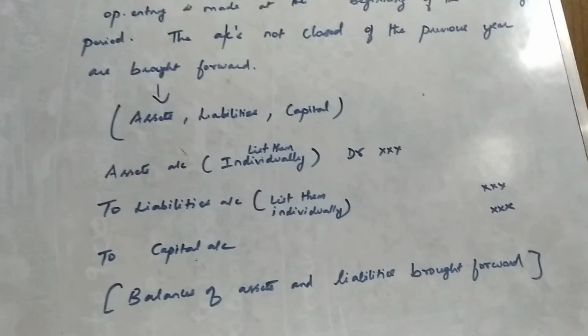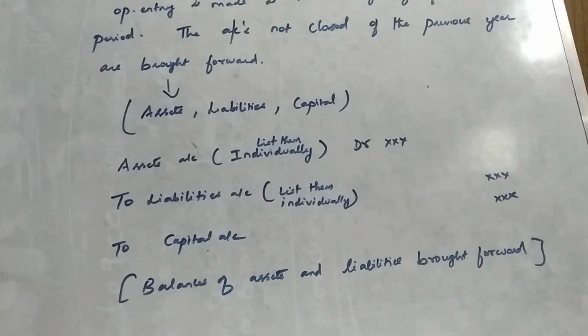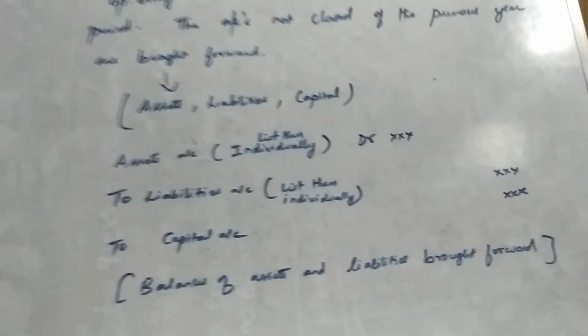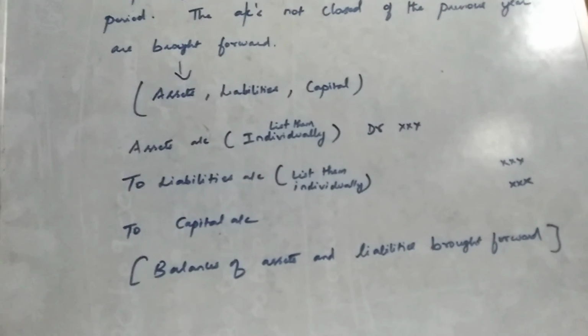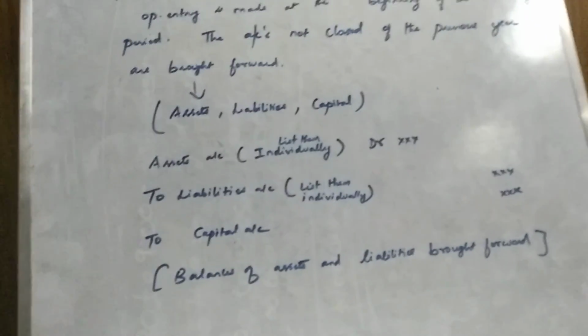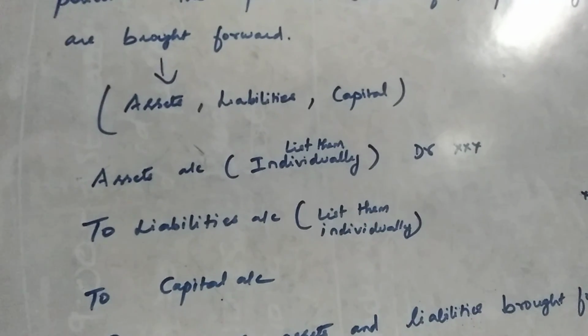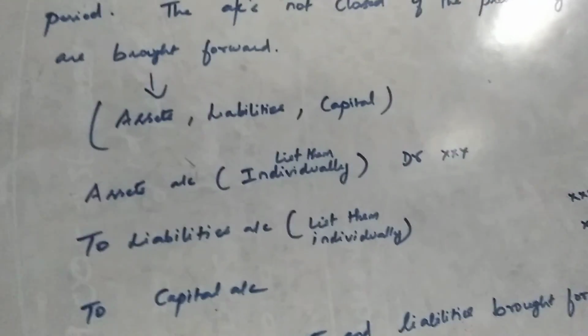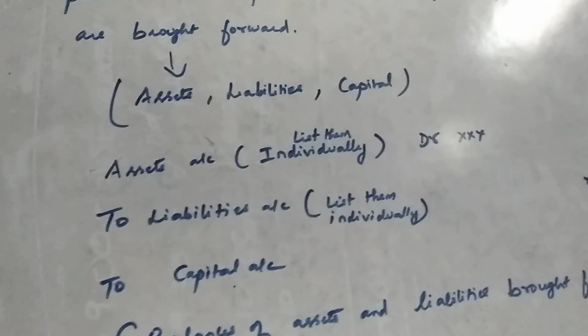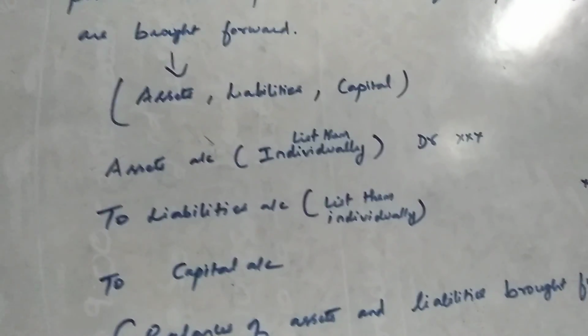The accounts not closed for the previous year are brought forward. What are those? The assets, liabilities and capital. These three will be brought forward. The previous year's closing balance will be the opening balance for the next financial year or accounting year.